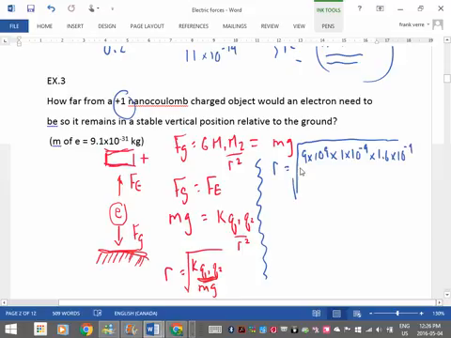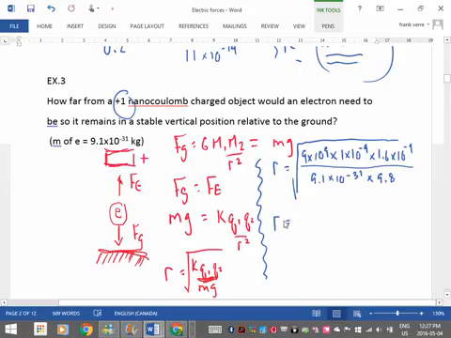And that's over mg. The mass of an electron is given, and it's really tiny: 9.1 times 10 to the negative 31. That's a very tiny amount of mass. Times g, which is 9.8.